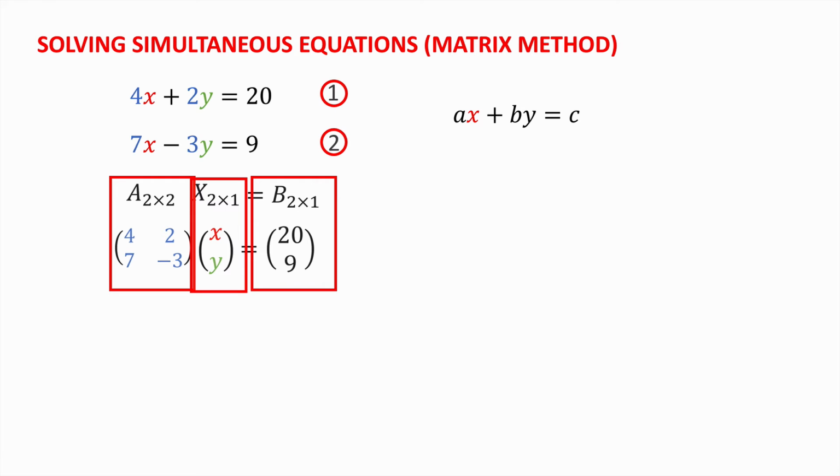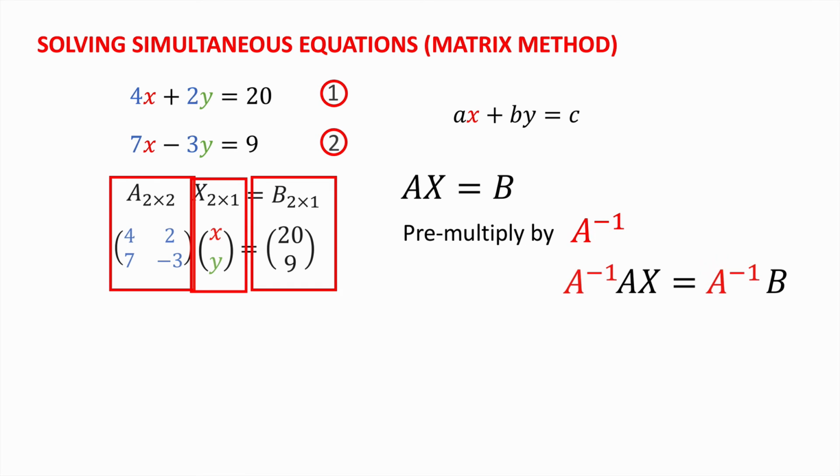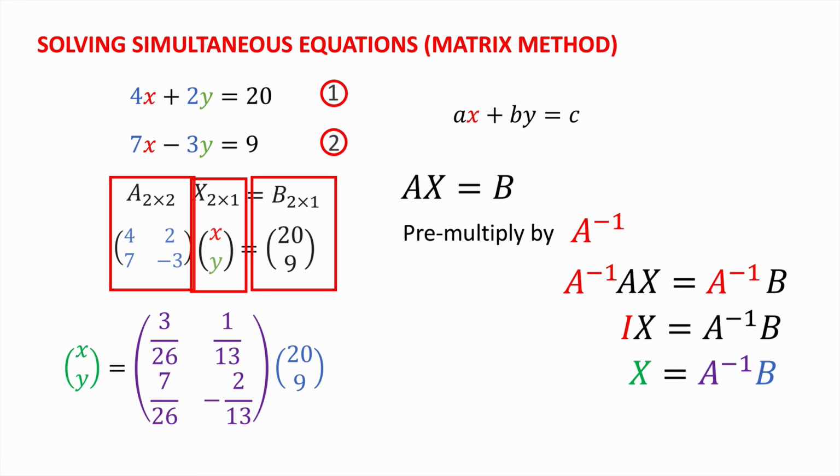Now remember before, when we wanted to make X the subject of the formula from AX is equal to B, we had to pre-multiply by the inverse of A, and so we get A inverse AX is equal to A inverse B, and then A inverse times A is IX, and then X is equal to A inverse B. Remember that XY is equal to A inverse, which I've already calculated to be 3 over 26, 1 over 13, 7 over 26, and negative 2 over 13, times B, which is 20 on 9.